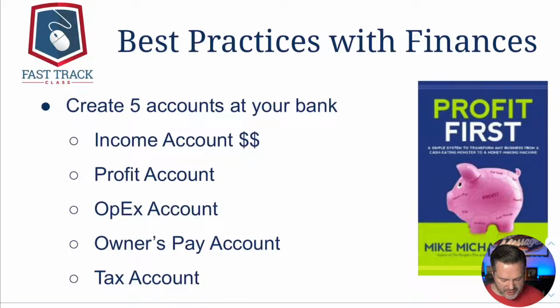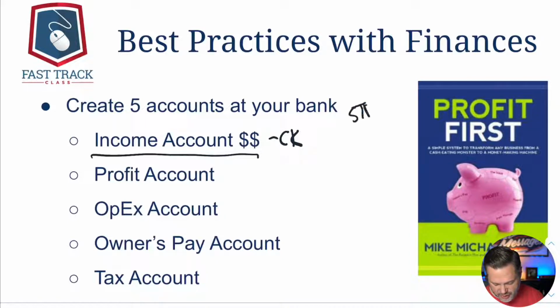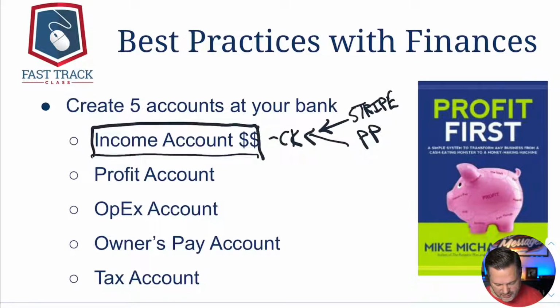So you have an income account. This income account is where all the money comes in. So this is like a checking account. I'm just going to put CK for checking. And so let's say you're using Stripe or you're using PayPal. It doesn't matter. You want the money to come into one centralized bank account.